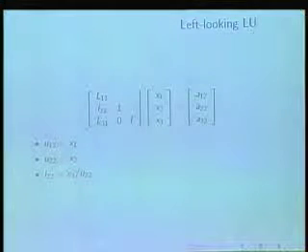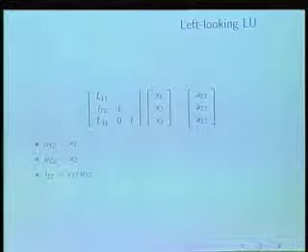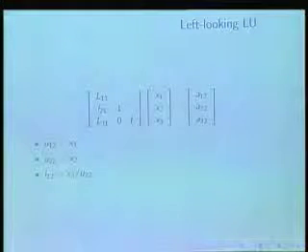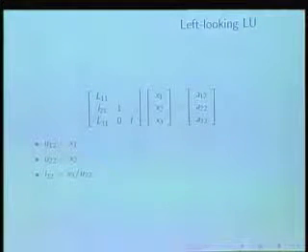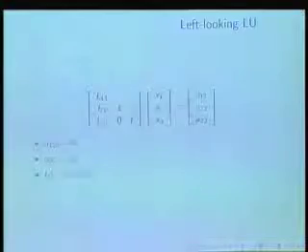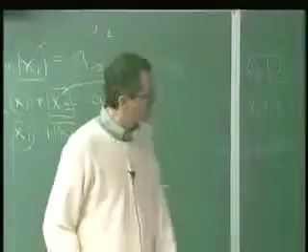What happens to these matrices with partial pivoting? Well, I've got it for the 2x2. I've got it for the right-looking case. I don't have it for the left-looking case. I've done it, but it's so ugly it doesn't even belong in the book.